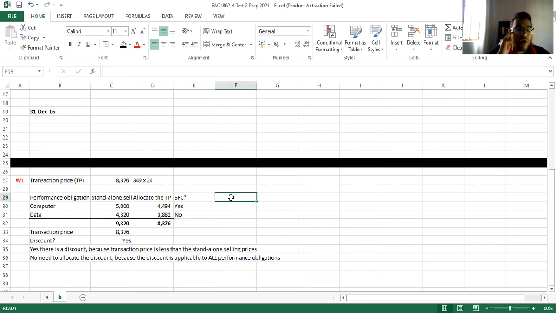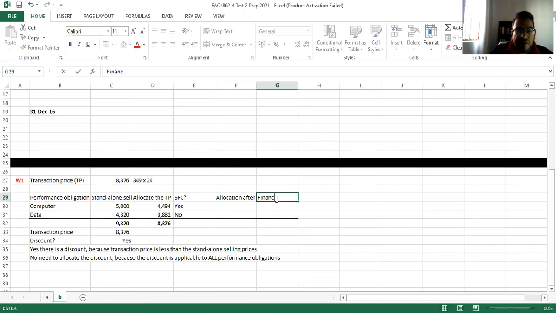So therefore we're going to have a new allocation, allocation after significant financing component. Then you can just have it, no need to have the last column, but we'll just say the finance component.